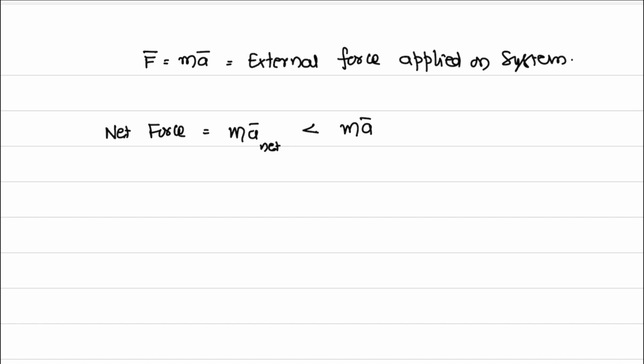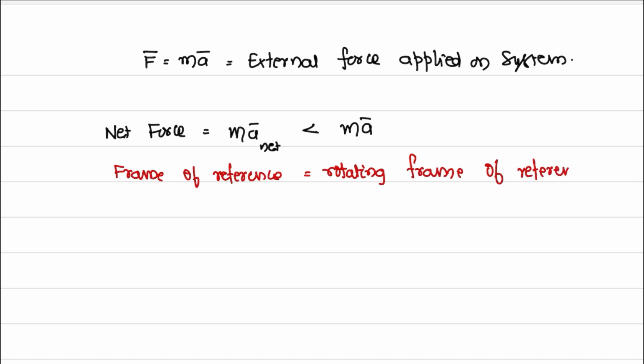Then what are the factors which are reducing this? In the rotating frame of reference, the frame of reference is rotating, so it is non-inertial. Rotating means non-inertial. Because of this rotation, the mass you cannot reduce, but acceleration is divided into different parts.